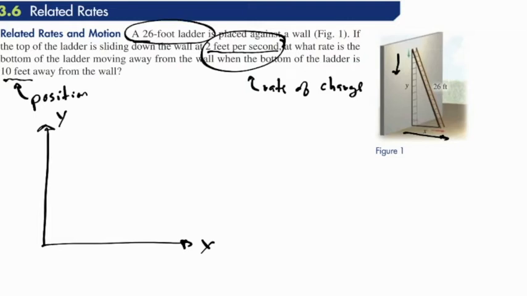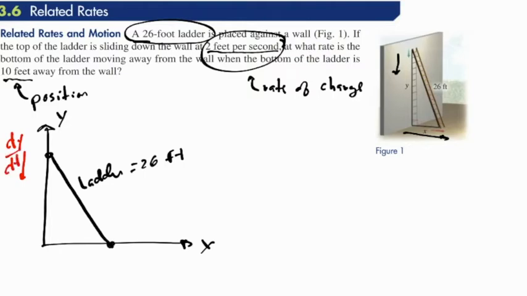That is not changing, so there's no rate of change there. The ladder is always 26 feet. So we can say the ladder equals 26 feet, the ladder sliding down is dy dt, and the ladder sliding away is dx dt, and at each position there is an x and y location.